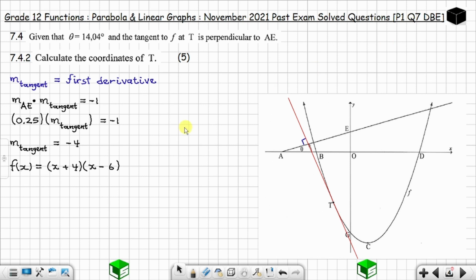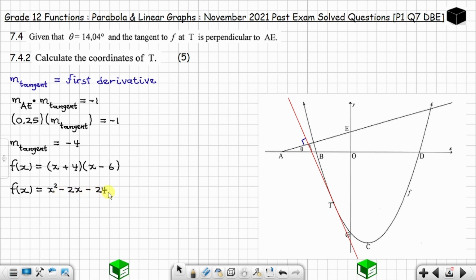Okay, so now we need to take the first derivative of this equation. So first, we need to expand the bracket. So f of x is equal to, this is x squared, and -6x plus 4x, it's going to give you -2x, plus 4 times -6, it's going to give you -24. So when you expand the bracket, this is what you do.